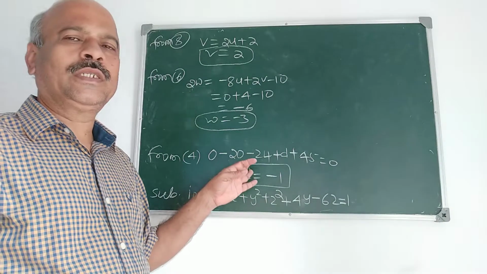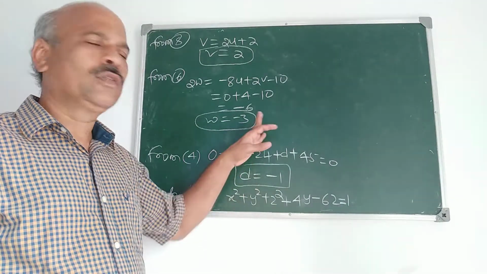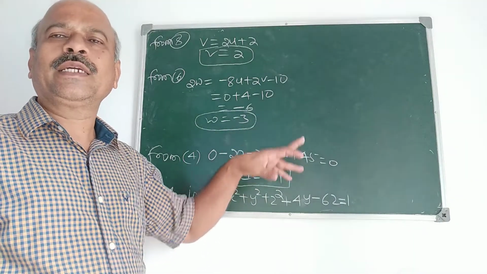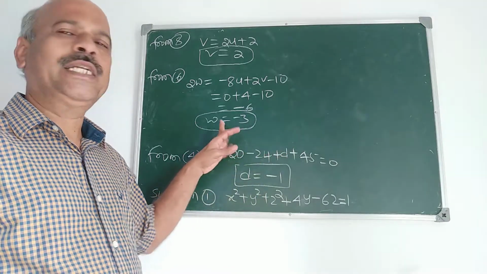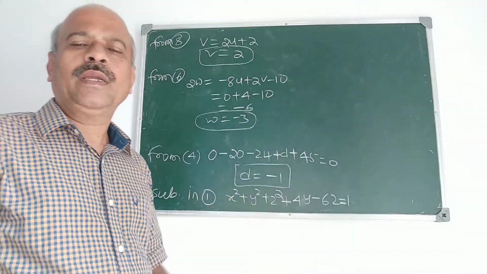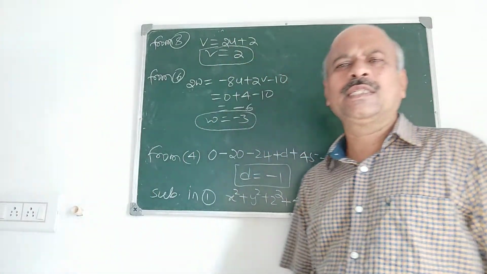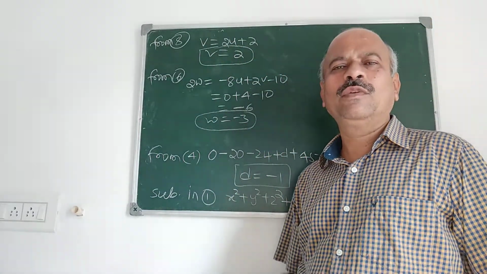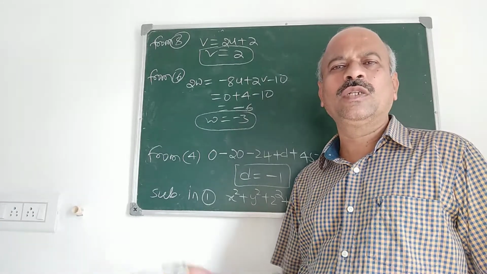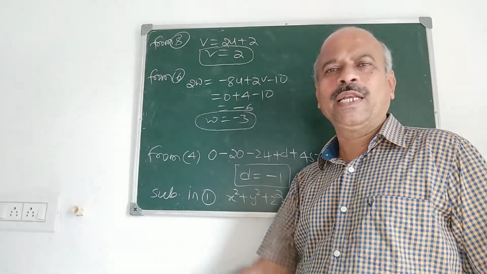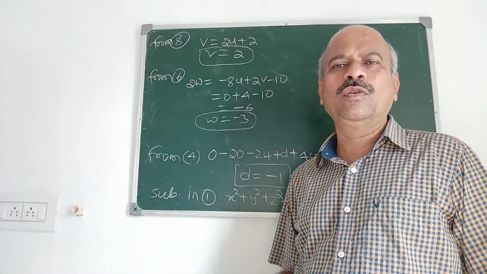Here the only difference was passing through 3 points, and the next condition was its center lies on the plane. What are the coordinates of the center? Coordinates of the center are minus u, minus v, minus w. That you have to substitute in the equation. You will get another equation in u, v and w only.